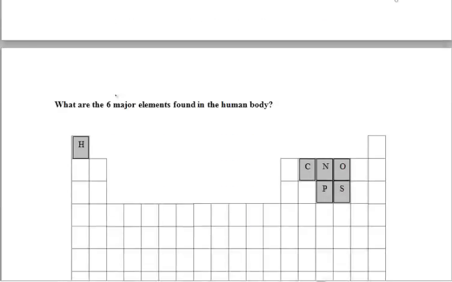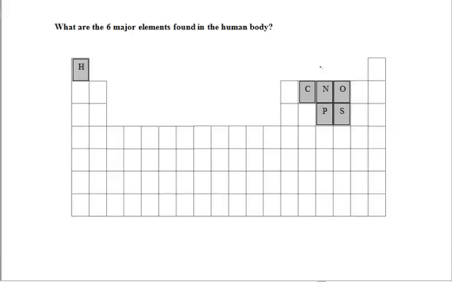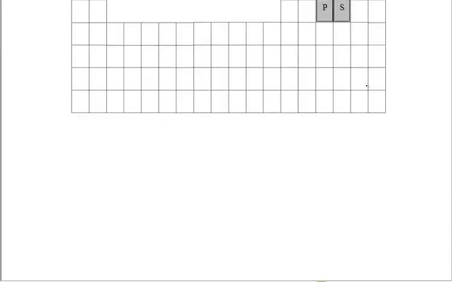Okay. Finally, all this chemistry has to relate back to the human body. And the most major elements found in the human body are best represented by remembering the mnemonic CHNOPS.